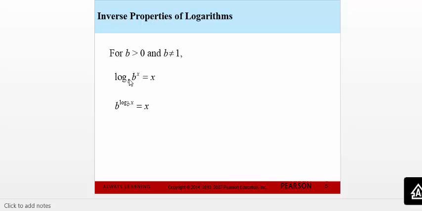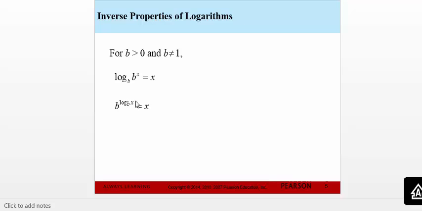So if I make b to the x the input to the base b log, the result is x, because this is the exponent that I apply to b to get b to the x. If I make the base b log of x the exponent of b, then that result is also x, because the base b log of x is the exponent I apply to b to get x.